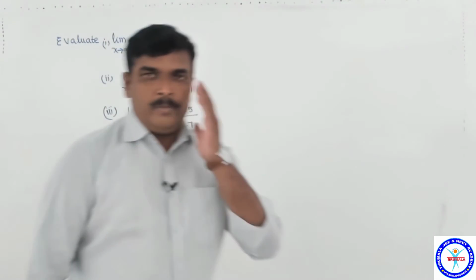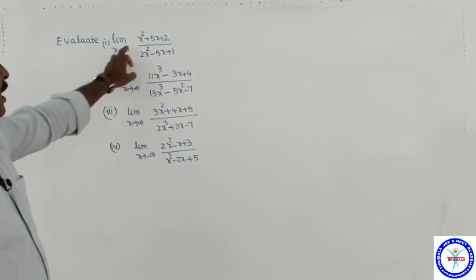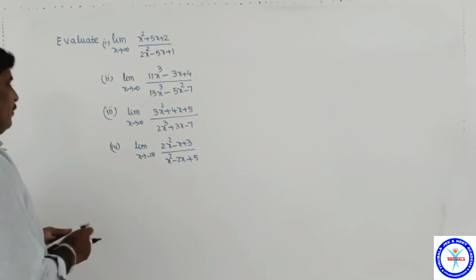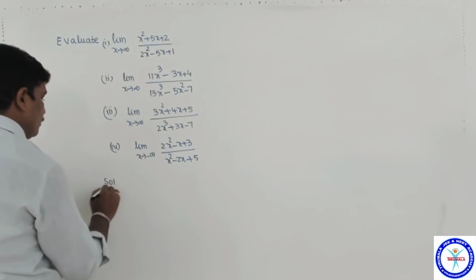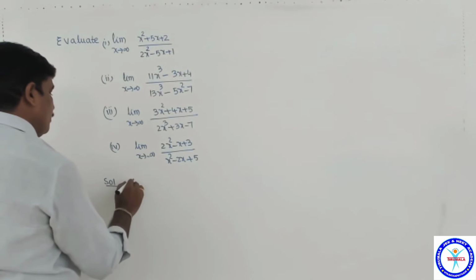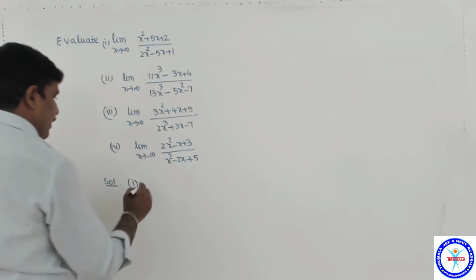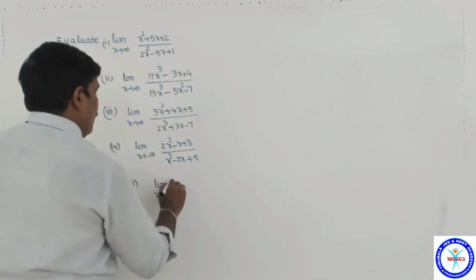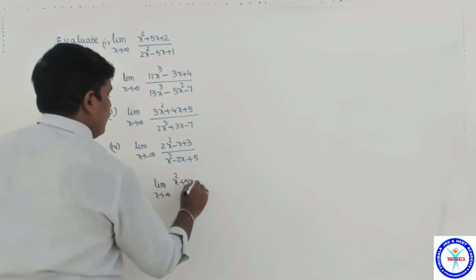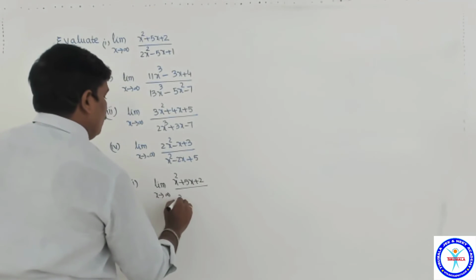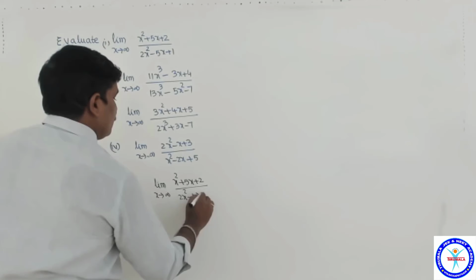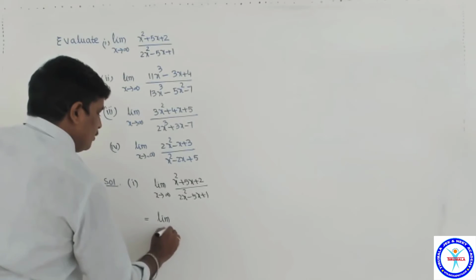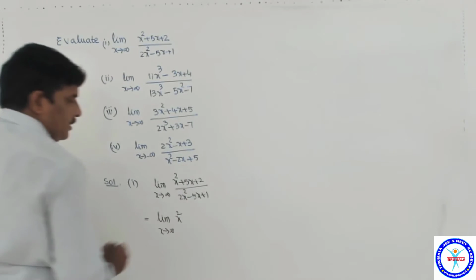See, find the limits. Limit x tends to infinity, x square plus 5x plus 2 by 2x square minus 5x plus 1. First question. This is equal to limit x tends to infinity. Now take common the value of x square.